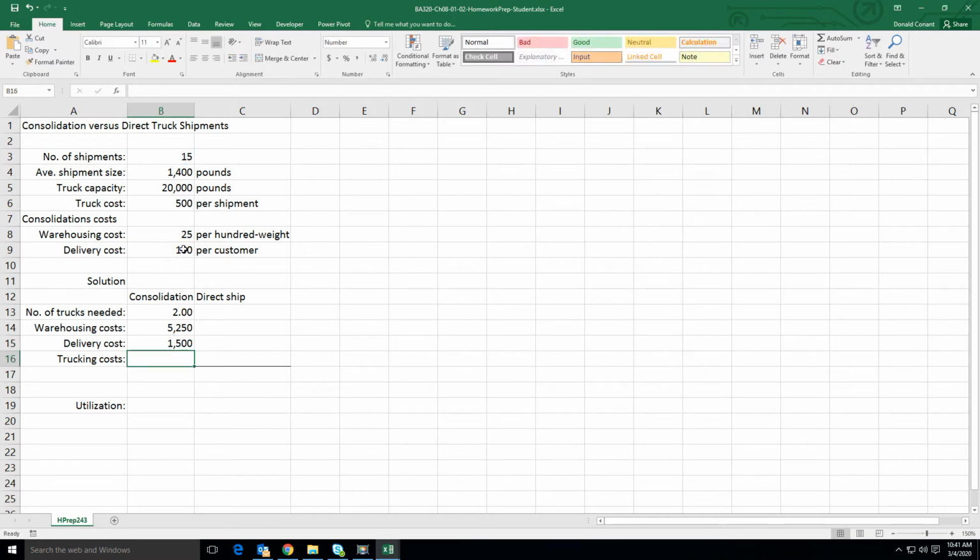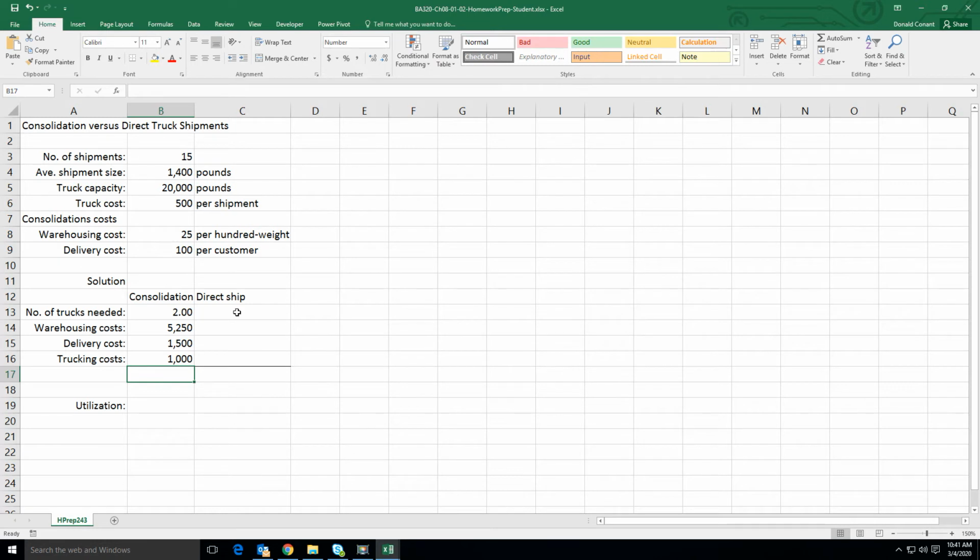That should give me $1,500. And the trucking costs, well, I have 2 trucks at $500 per truck. So I'm going to take the number of trucks that I need and multiply that times $500 per truck.